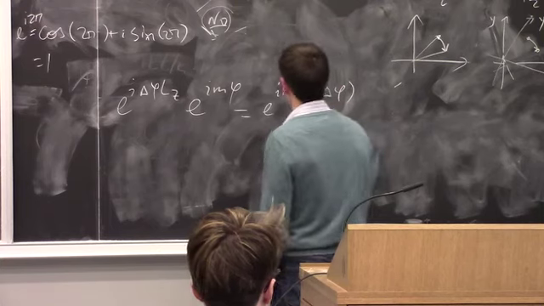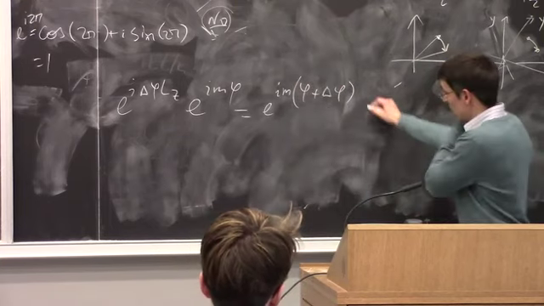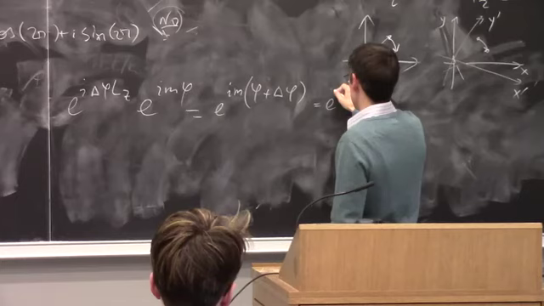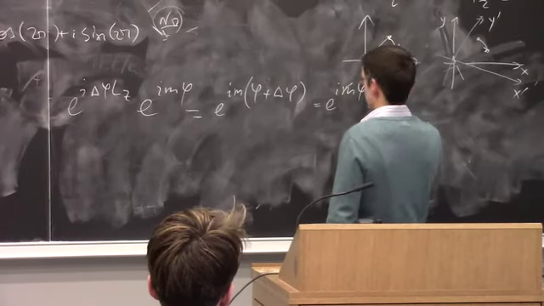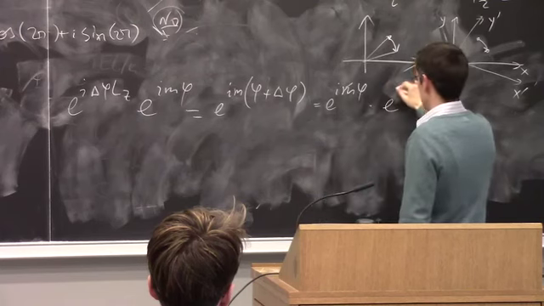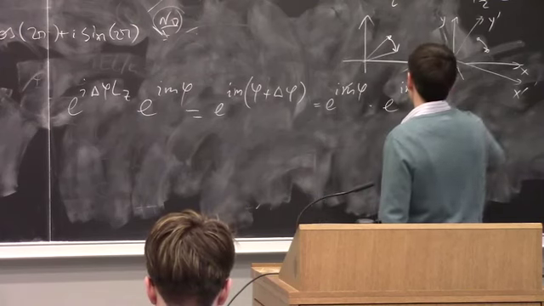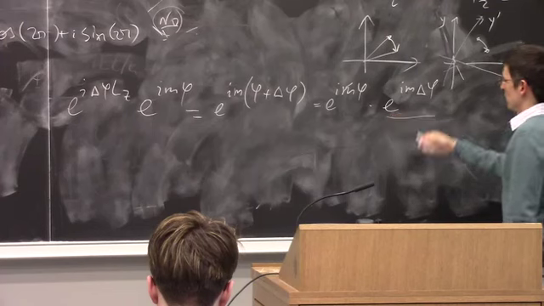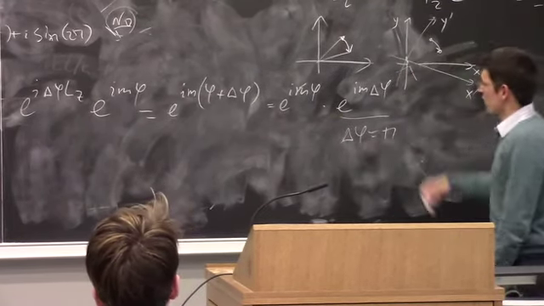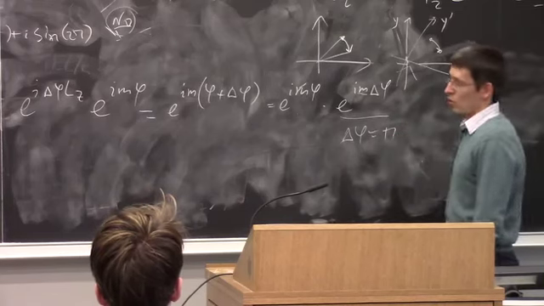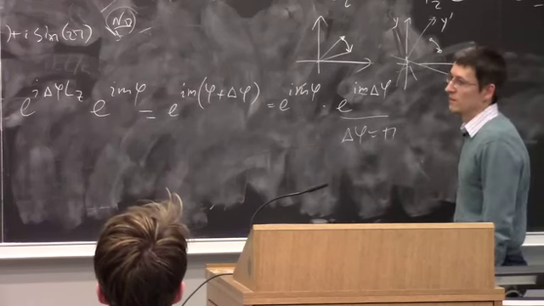And this is the original function times what we can think of as a phase factor, e to the i m delta phi. And if delta phi is pi, then the function changes sign if m is an odd number.